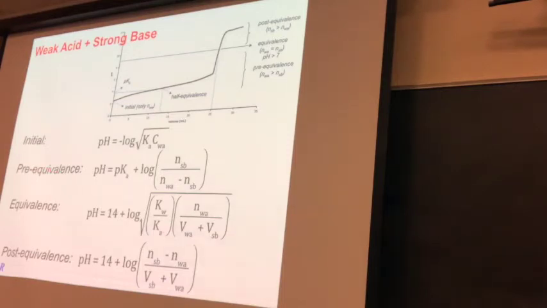Now at equivalence, the equation looks kind of funky, but at equivalence, your weak acid has turned into a weak base, and that's the only thing that affects pH. So this equation right here is nothing more than a rewritten 14 plus log square root Kb times Cb. Now Kw equals Ka times Kb. So if you want to solve for Kb, then Kw divided by Ka is there.